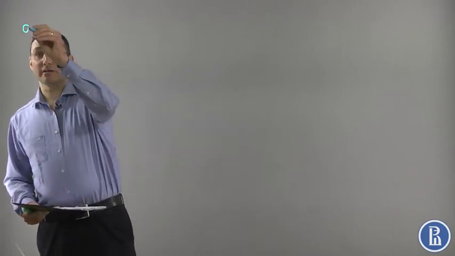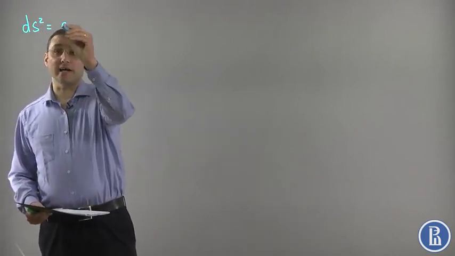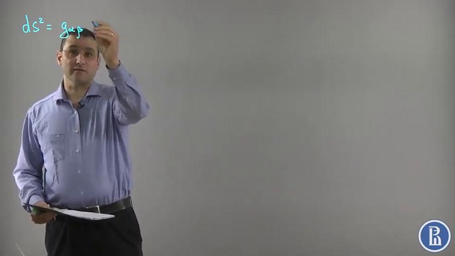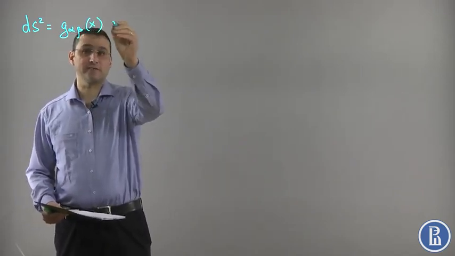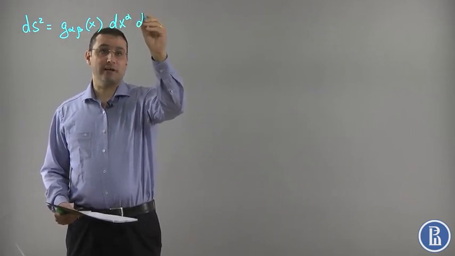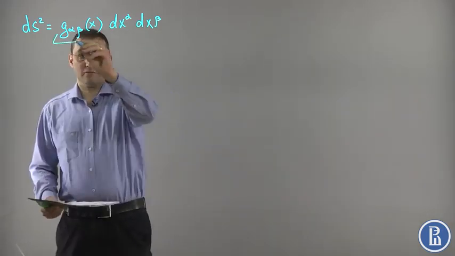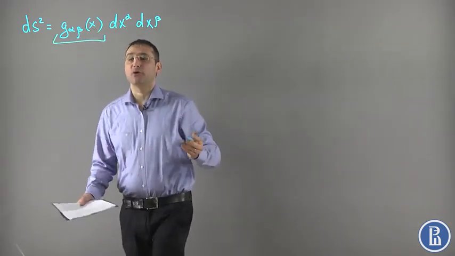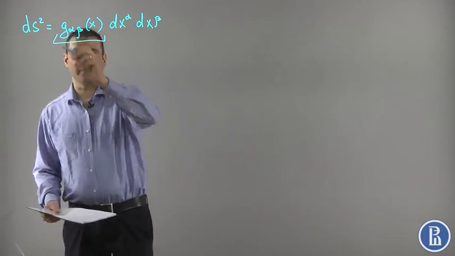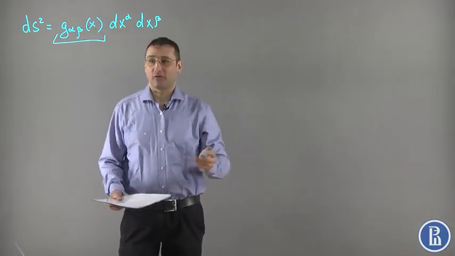But let me stress that even if we consider curvilinear coordinates, the metric in spacetime can look unrecognizable. It can be some function of x, dx^alpha, dx^beta, and it won't be obvious from the form of this metric whether we are dealing with flat or curved spacetime.